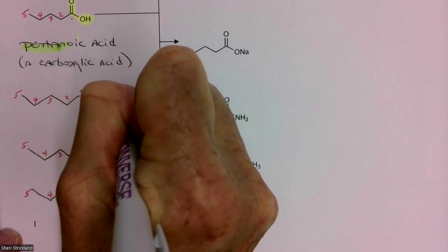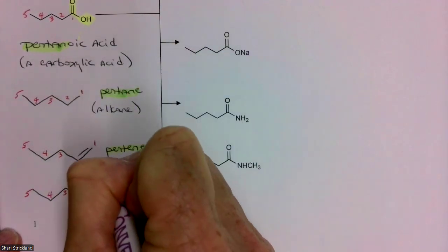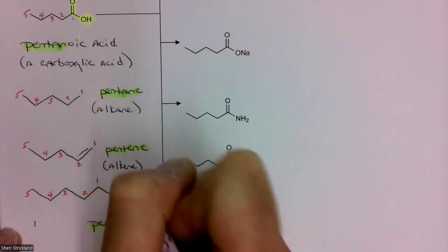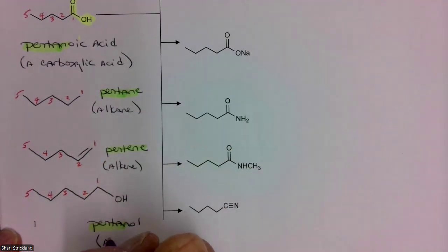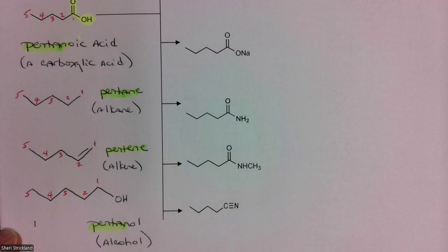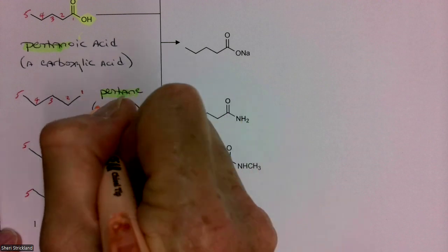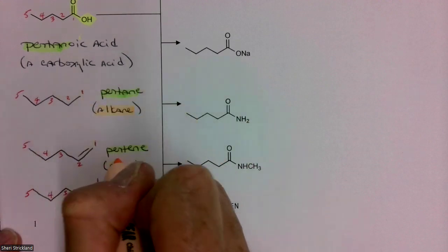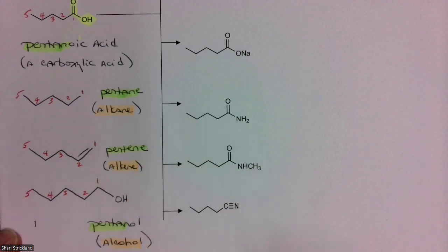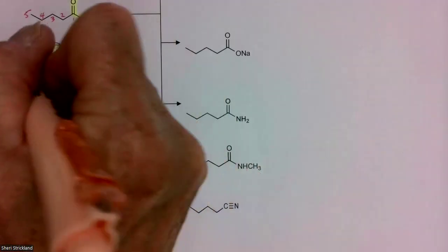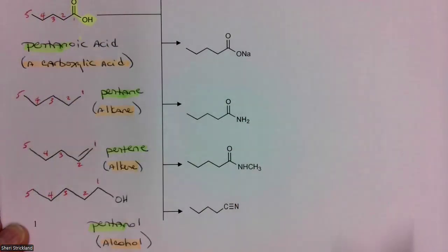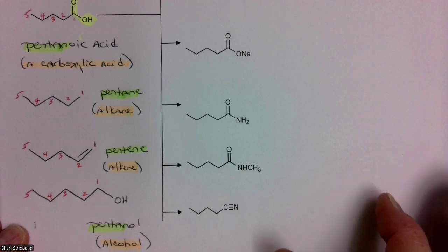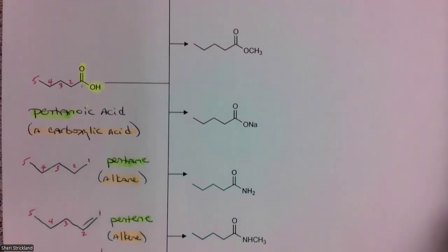Alkene, alkene, alcohol. We've seen these kinds of parents with alkynes and with amines. So with all of them, you know something about the nomenclature that goes with each kind of compound here. And so we're just adding some to what you already know. Okay. All right, so let's go on up to the top.